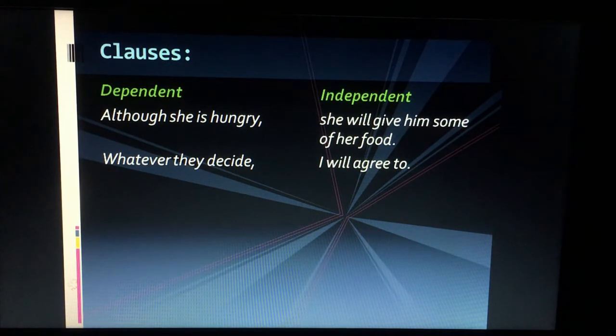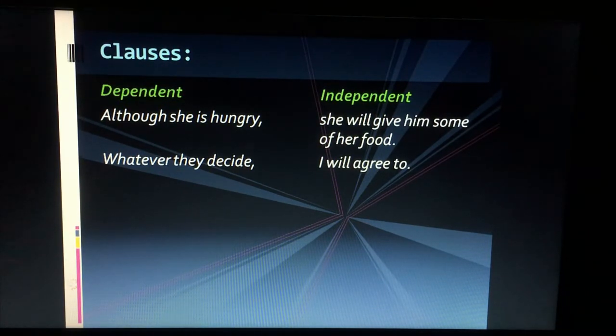If you want to identify dependent and independent clauses easily, look at words like although and whatever on the dependent side. To check the independent side, see the full meaning of the sentence. As I showed you in the difference between phrase and clause, independent clauses can stand alone. She will give him some of her food and I will agree to can stand alone. But on the other hand, dependent clauses cannot stand alone.